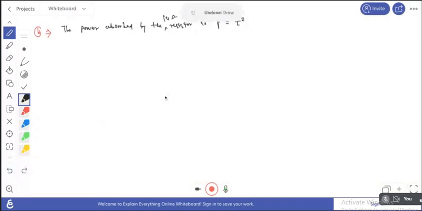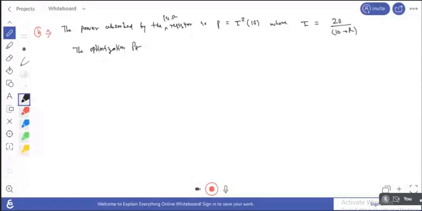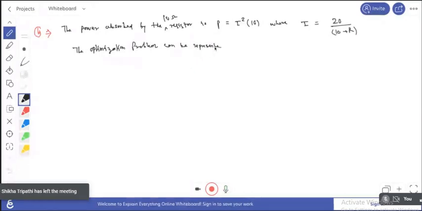So what is the current? The optimization problem can be written as, we minimize the negative of the objective function, and that is I square R. This is (20 over 10 plus r) square into r, and that is r is 10.